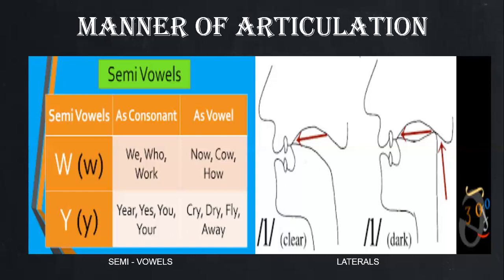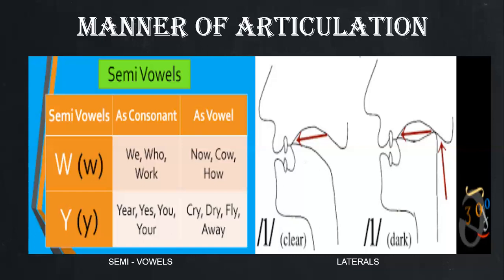The last kind of consonant sound that we will be talking about is when there is open approximation. The active articulator is brought close to the passive articulator so that the gap between them is wide, and the air will escape through this gap without any friction.